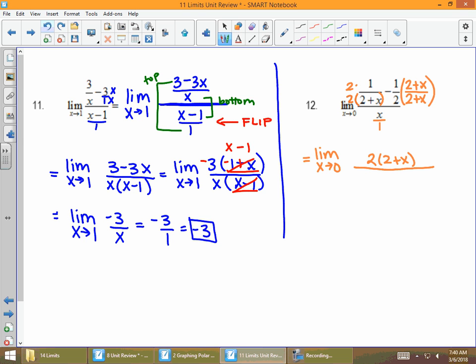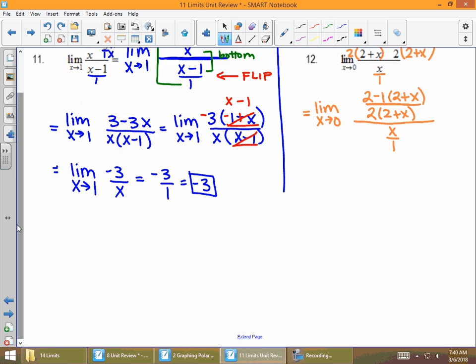In the numerator of my numerator, I have a 2 minus 1 times 2 plus x. I'm going to leave that 1 there so that I remember to distribute the negative. And my denominator is still just x over 1. Not quite ready to flip the second and multiply or group.